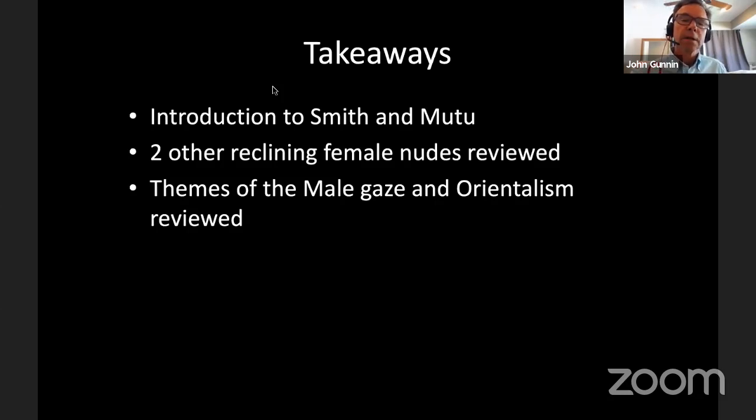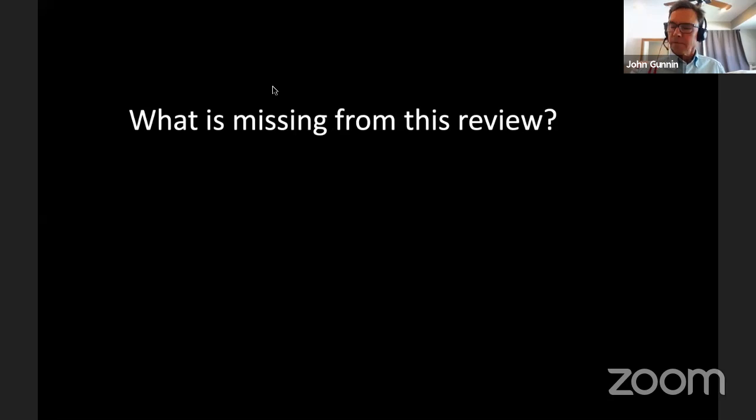And then we've seen some contemporary tools like the male gaze theory and Orientalism, which are ways of looking back at those from a contemporary standpoint. You might think, he left out a really important reclining female nude. I'd like you to think about what that is before I tell you that it is Manet's Olympia. That one we'll come back to another time.